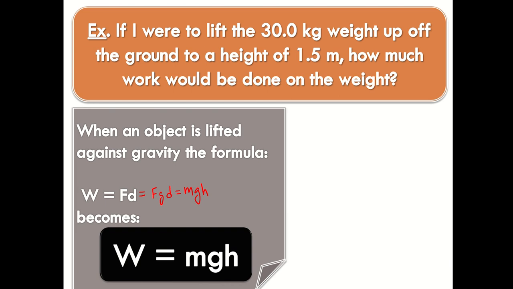In our example, if you have a 30 kilogram weight, perhaps weight wasn't the best word to use here, let's say object, we plug in the mass, 30 kilograms, times the acceleration due to gravity, 9.8, times the height, which in this case is 1.5 meters. We get our work done on this object to lift it, which turns out to be 440 joules.